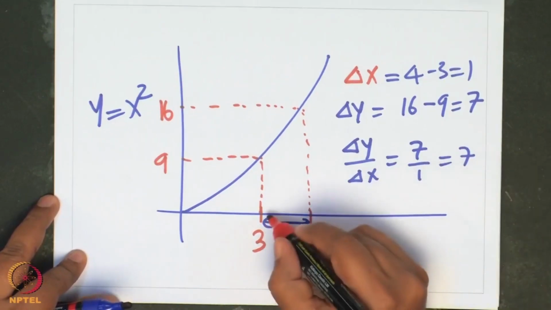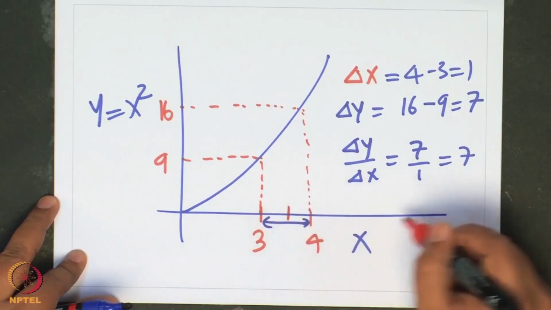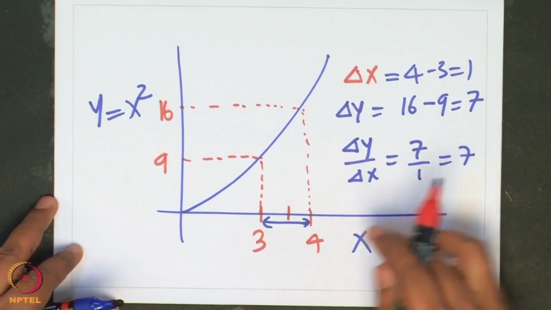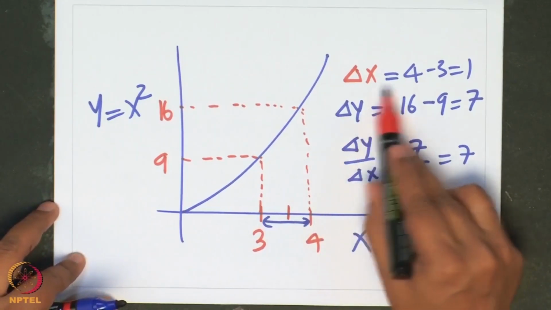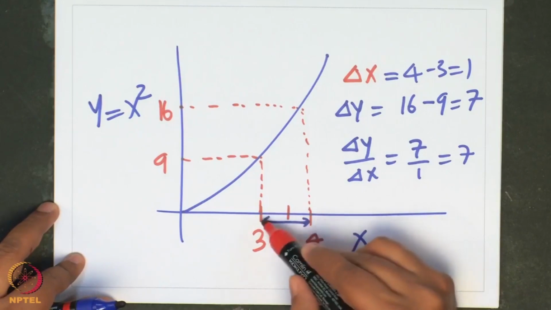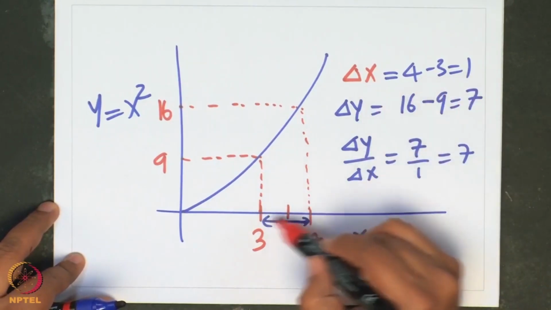If I did the same between 3 and 3.5, if I took delta x equal to 0.5, what will we get? So let us think about this. Here we took delta x equal to 1. We calculated between 3 and 4, near 3.